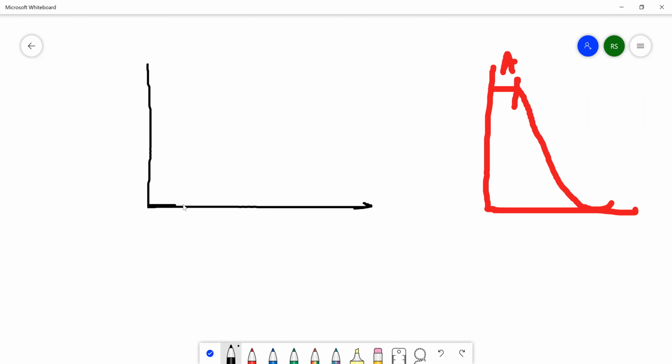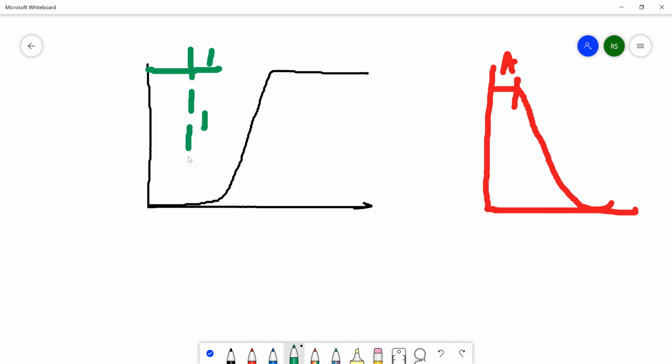Let's say that this is the input. So this is nothing but your VTC curve, input versus output.